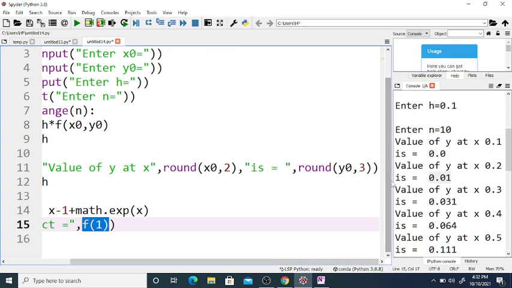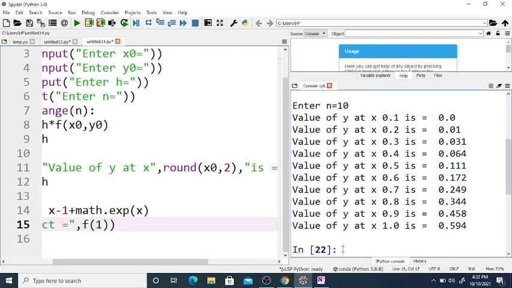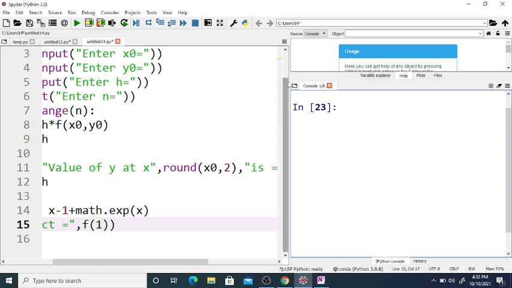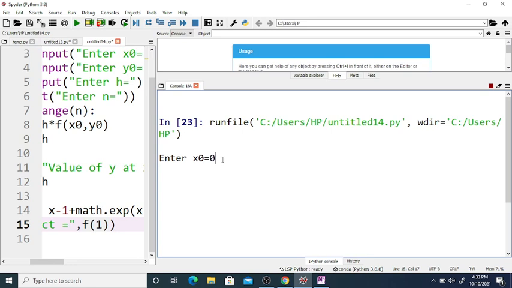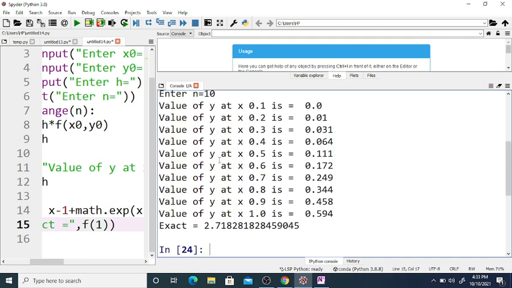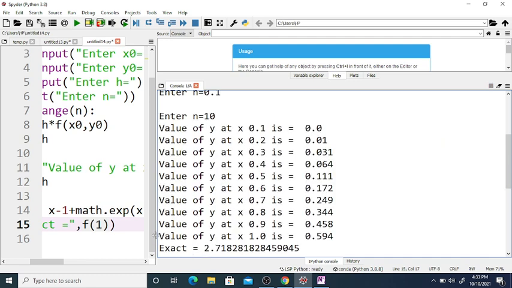So now if we run one more time, x0 is equal to 0, y0 is 0, h is 0.1, and n is equal to, say, 10. Now you can observe here the exact solution is 2.71.